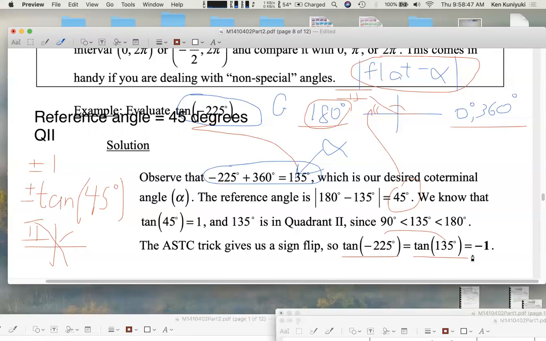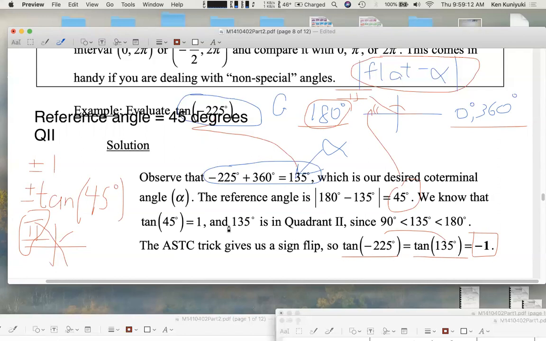The answer for both will be negative 1. 1 is the tangent of 45 degrees, the reference angle, but we have to sign it negative because these two angles over here are in quadrant 2. That's a lot of stuff there. It might be easier to just go to radians.